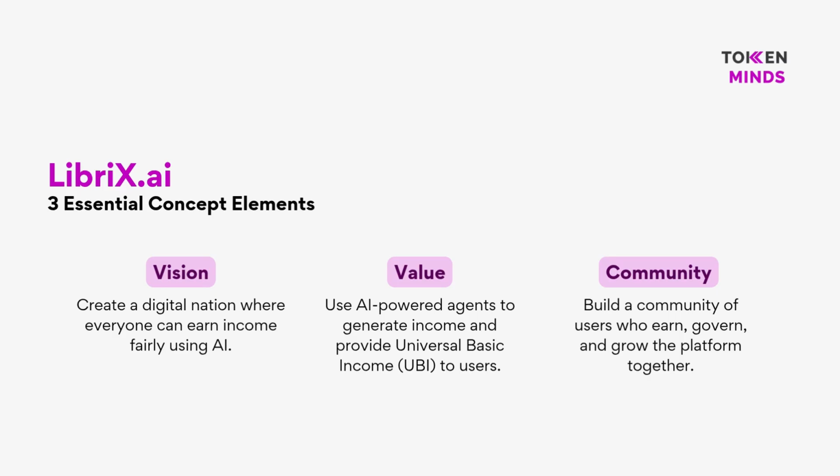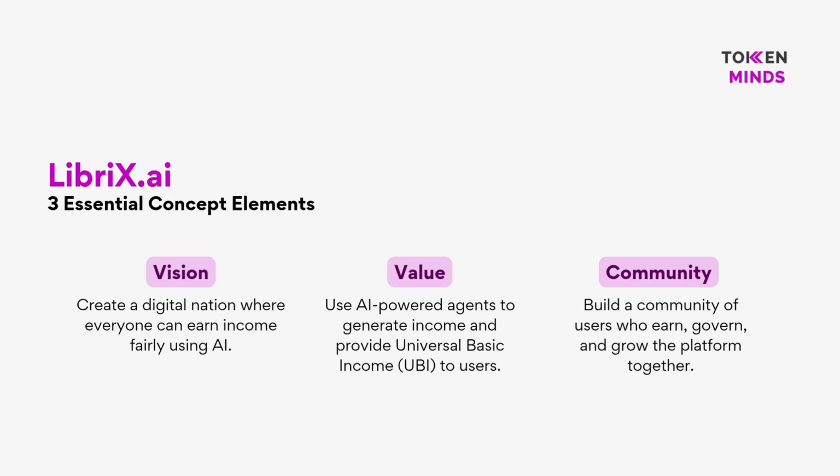So let's break Librix down by the three pillars we talked about earlier. Vision. Librix aims to create a digital economy where anyone can earn income fairly using AI. So that's huge. It's tackling economic inclusion through technology. And then how about the value?